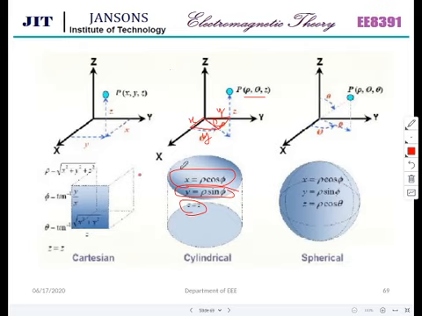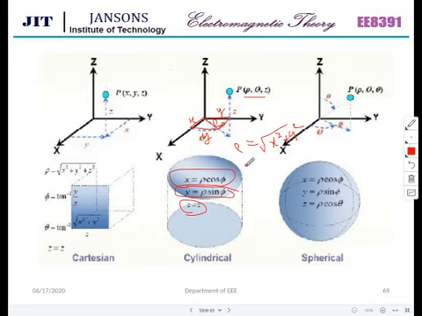But what is the value of rho from this triangle? This is a right angle triangle. What is the value of rho here, if x and y are known? Root of x square plus y square.